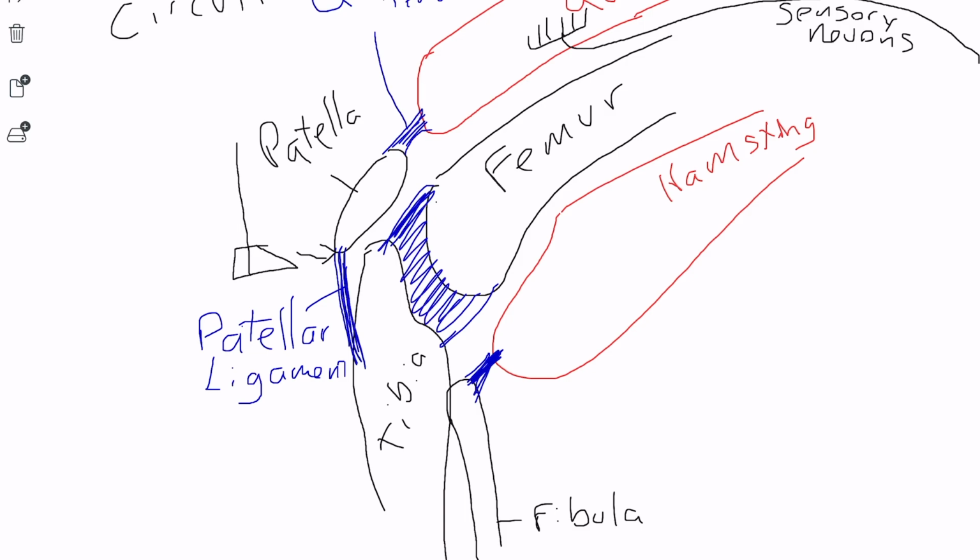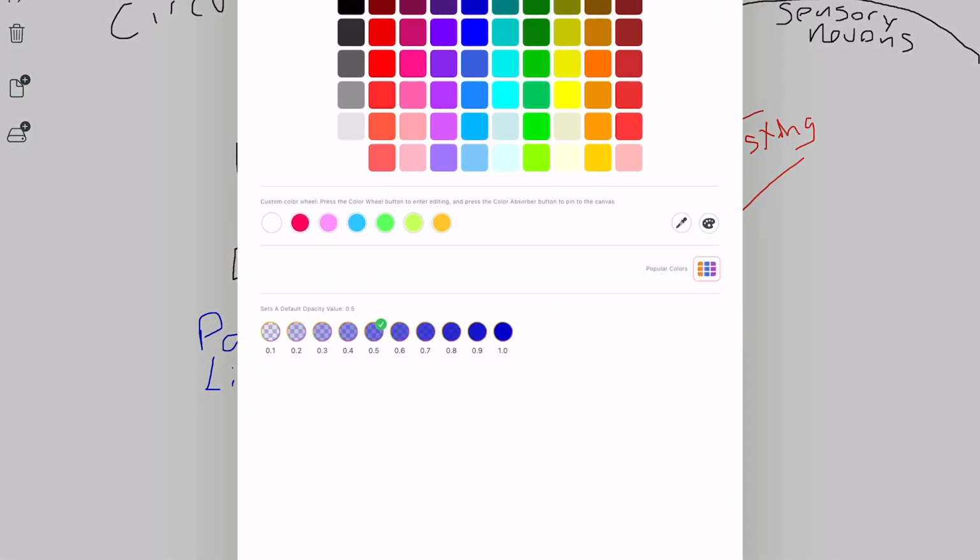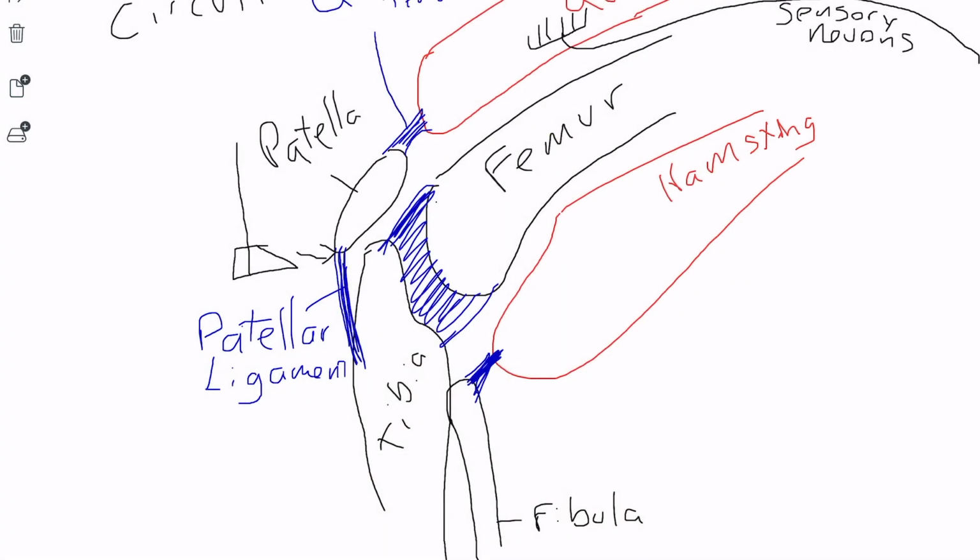Now we also have, and let me use a different color here, why not green? We have, in addition to sensory neurons, we also have motor neurons, which I'll use as green, that innervate the muscles, as you might imagine.